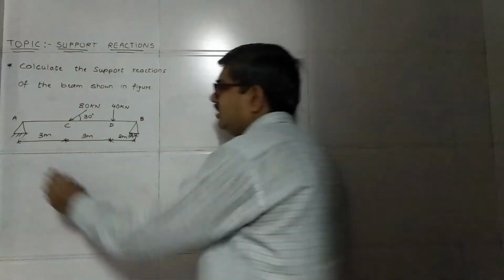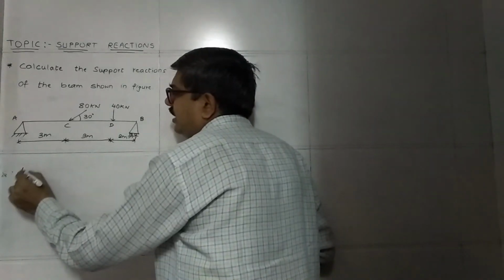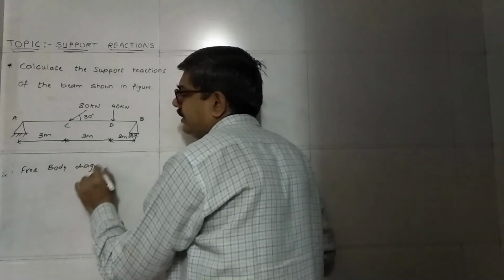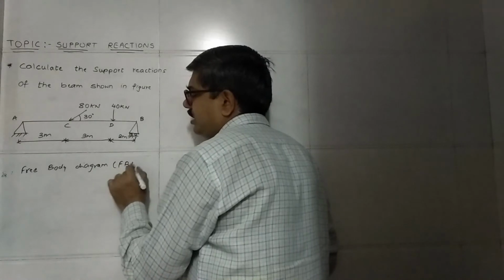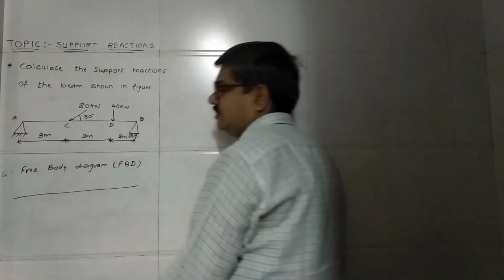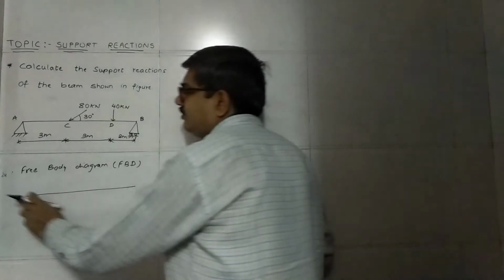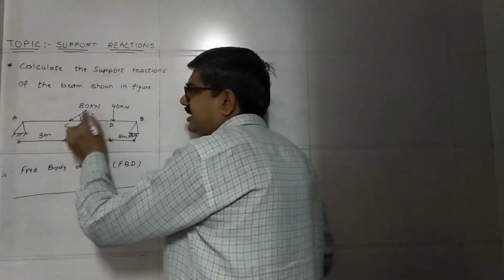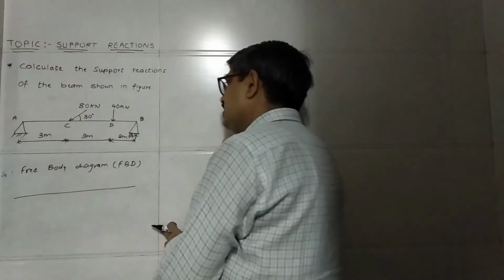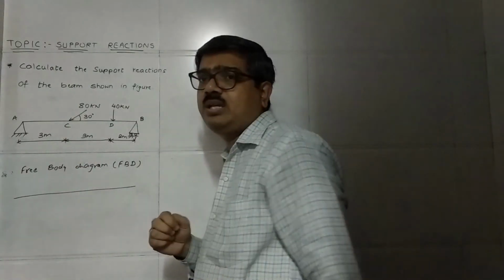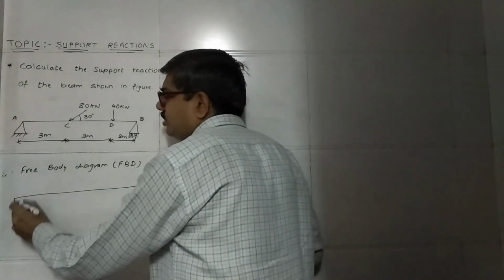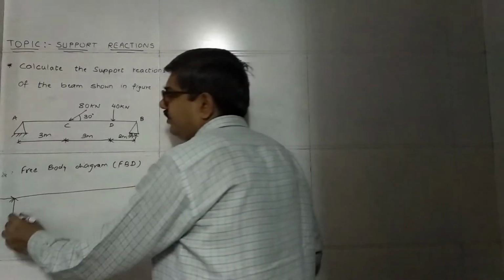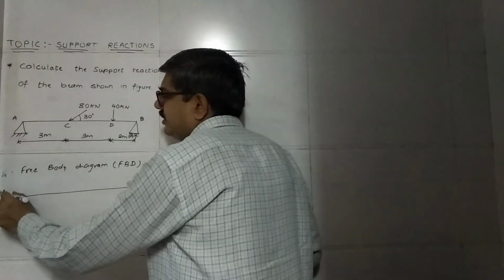So first of all, we'll draw the free body diagram, that is FBD. First of all, the horizontal line which represents the beam. Since there is an inclined load on the beam, at the hinge support you have to show two reactions, one a vertical component and another a horizontal component.